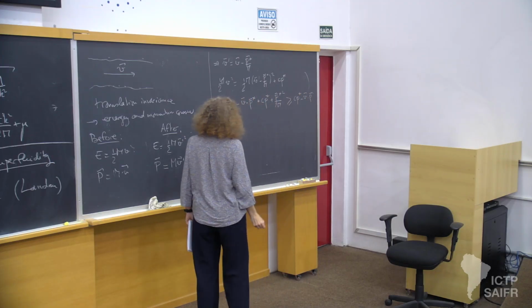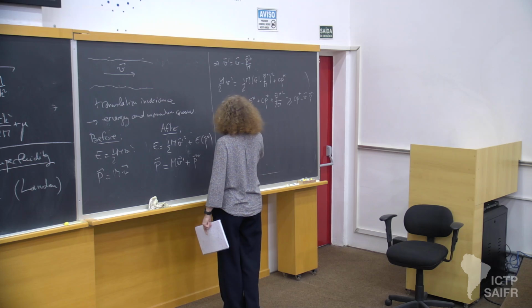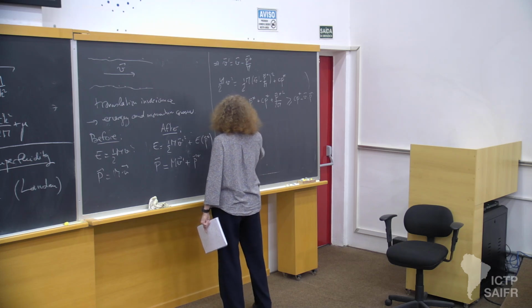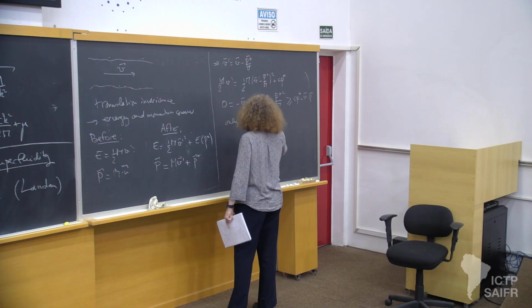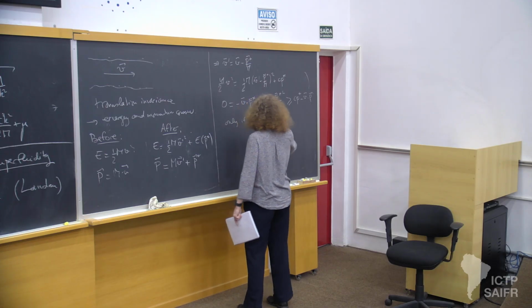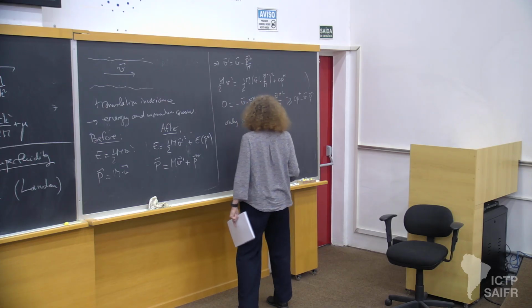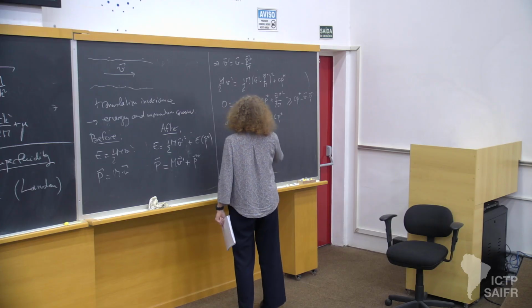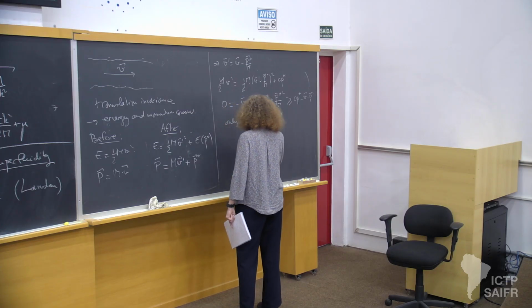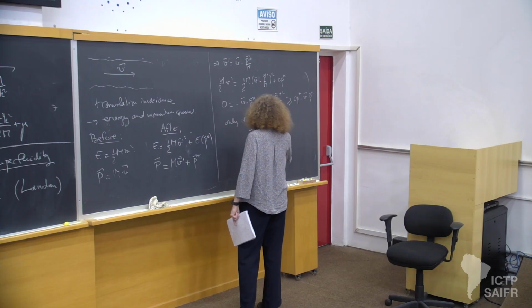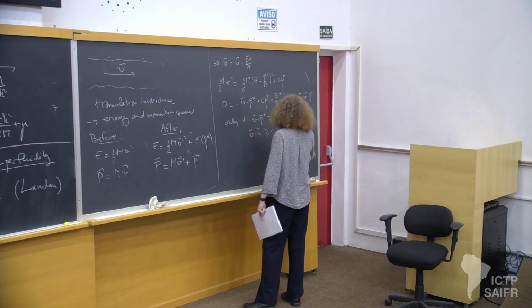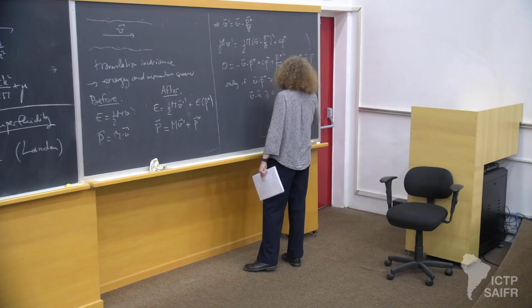So what I find is that this is possible only if v scalar p star is greater than c p star. So if I write it under the form v scalar u greater than c, u is a vector with unit modulus.